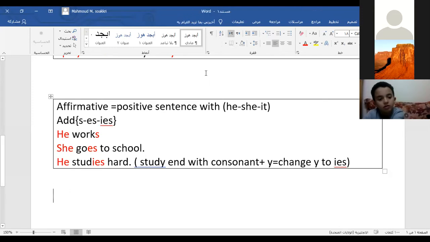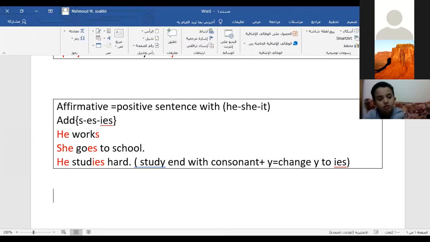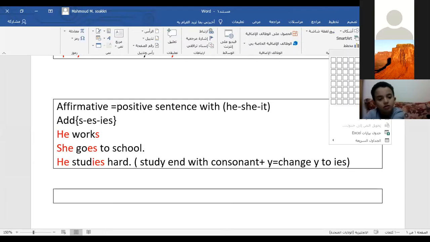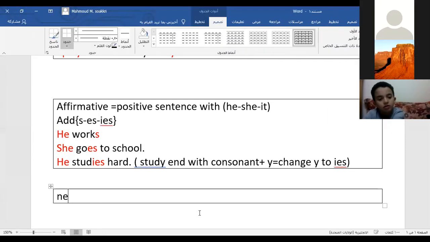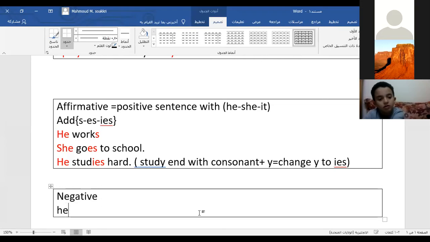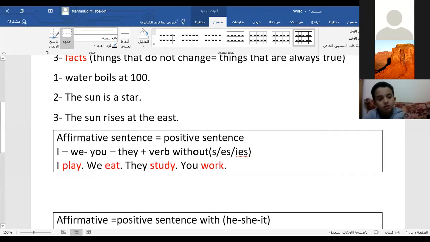Now let's go to the next part, how to make negative. Negative with I, we, you, and they, we use don't plus the verb. Let's take examples.